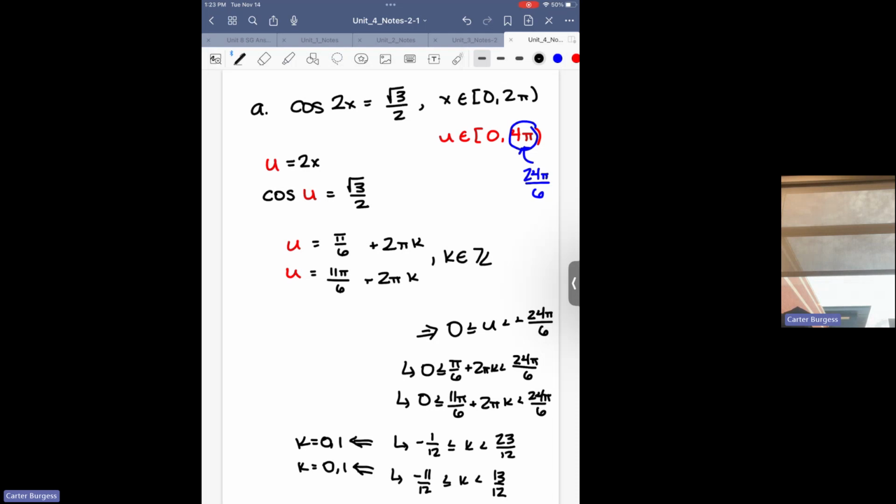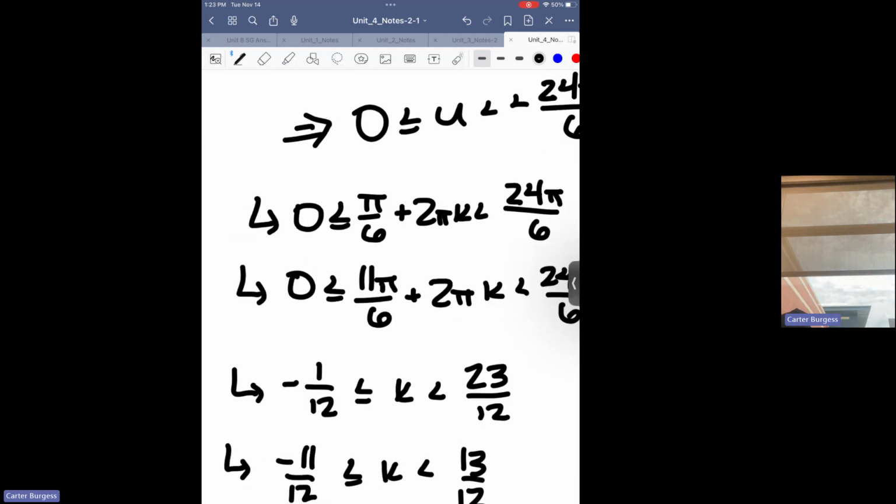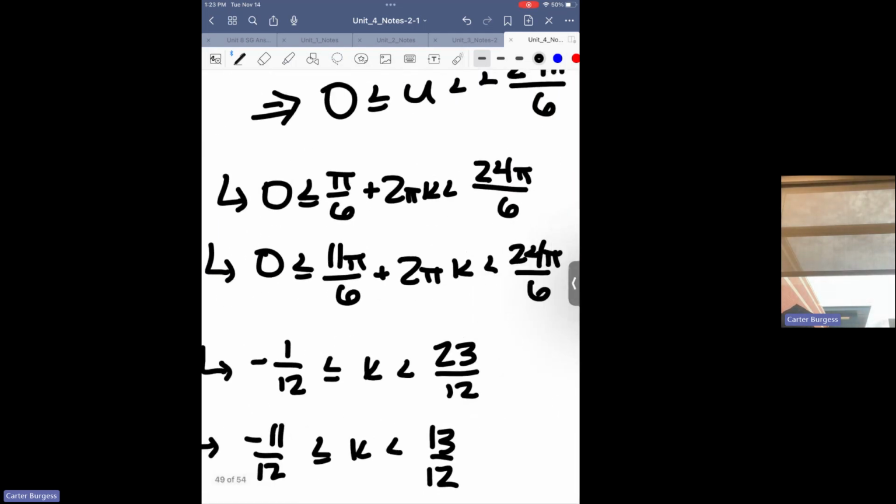So that's just solving each of these expressions for k. Whenever you have an embedded inequality, you solve for k and you do it to all parts of the inequality. So subtracting everything by pi over 6 and then dividing everything by 2 pi for my top line, I get the lower bound of negative 1/12 and the upper bound of 23 over 12.